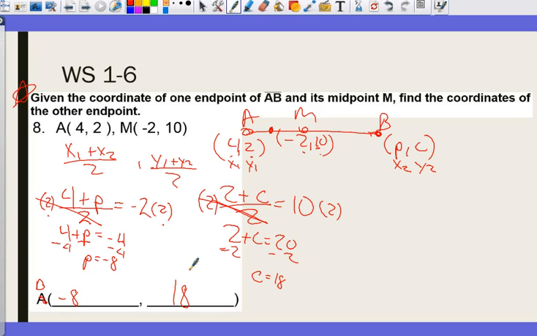It's our unknown. It's our c value. So that's why we plugged in c in here. Then we just solve for c. Okay? Well, 10 is part of the midpoint, so it goes there. I don't know if that helps you at all.